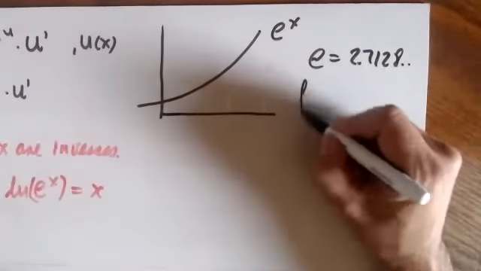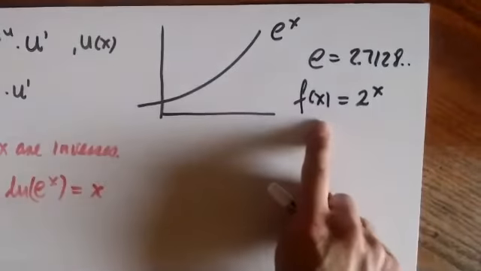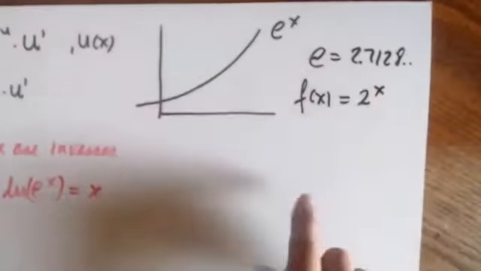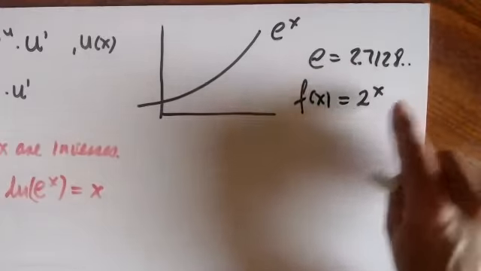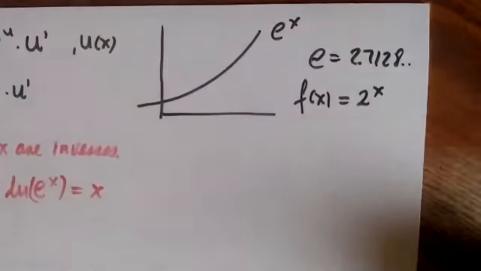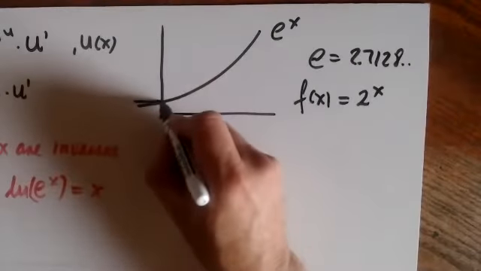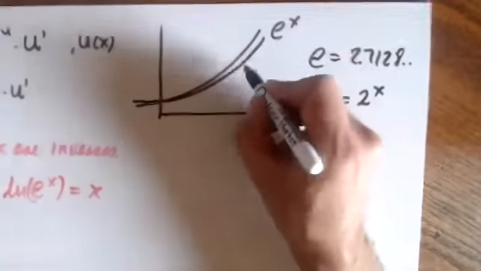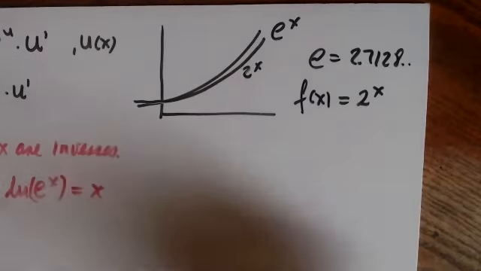But also we can have, for instance, 2 to the x. 2 to the x is possibly more natural than this because 2 to the 1 is 2, 2 to the 2 is 4, 2 to the 3 is 8, 2 to the 4 is 16, and so on, correct? And if we plot this one, we're going to see that it's pretty much the same kind of graph. All the exponentials look very similar.